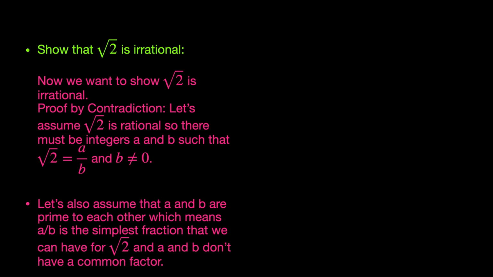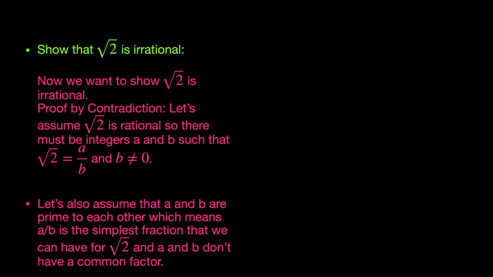If I have a fraction, then I can make it simple by dividing both parts of the fraction by their common factors. Let's assume a and b have no common factors, or they are prime to each other. For every fraction, we can divide them by their factors over and over until they become prime to each other. So it is not some restriction that we cannot apply on a given fraction.